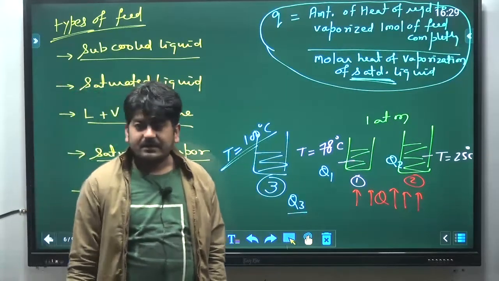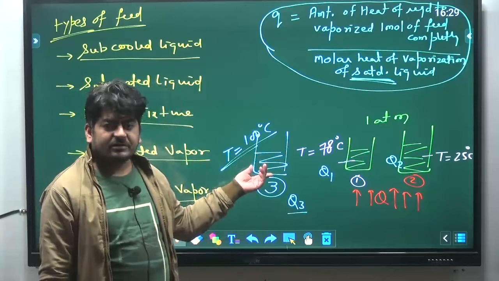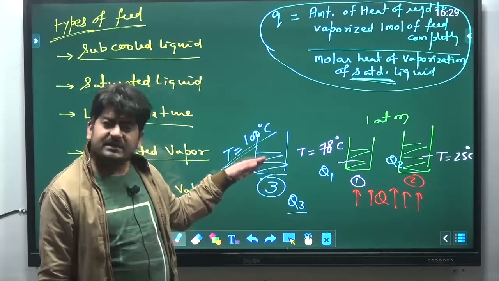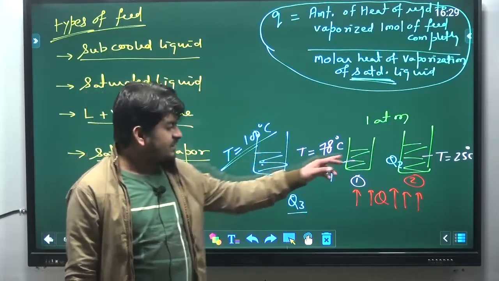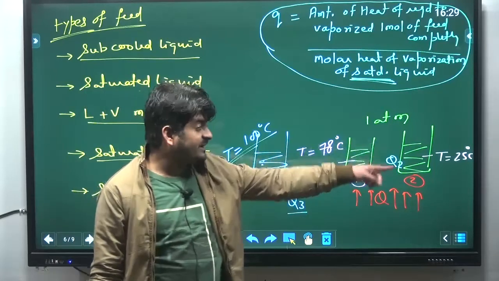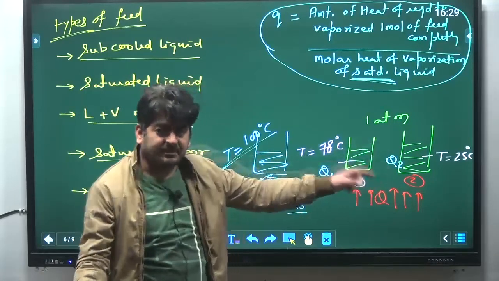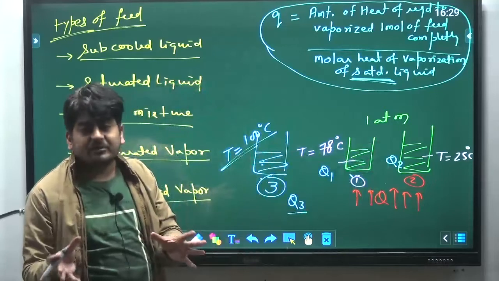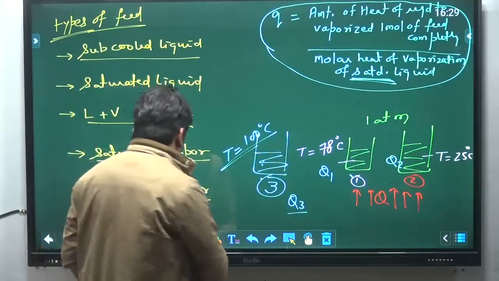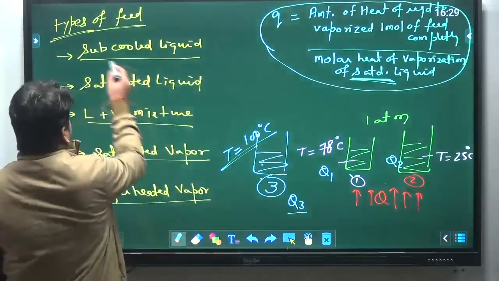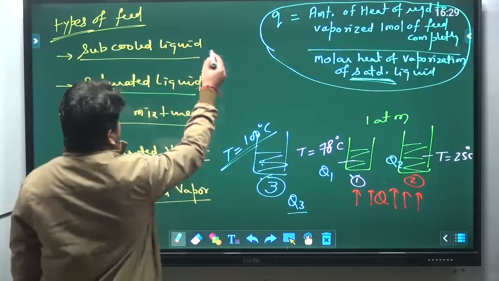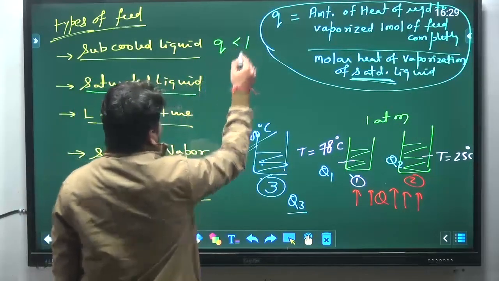Less, obviously, because this is already a saturated liquid. So we just need to supply the latent heat of vaporization. Here, latent heat as well as sensible heat, latent heat plus more sensible heat. Based on that logic, I hope you can understand now. For subcooled liquid, Q will be less than 1.